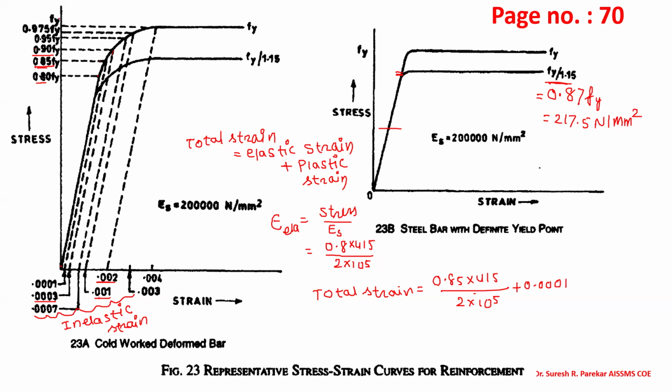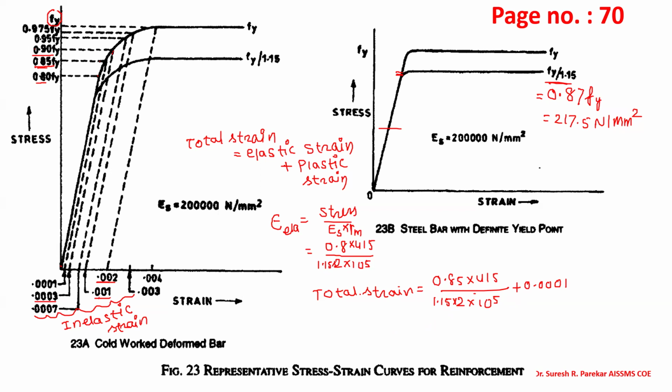So the yield stress is considered at 0.002 proof strain, and we have to divide it by gamma m, so we have to consider 1.15 here also. Or you can write it as 0.85 into 0.87, one and the same.